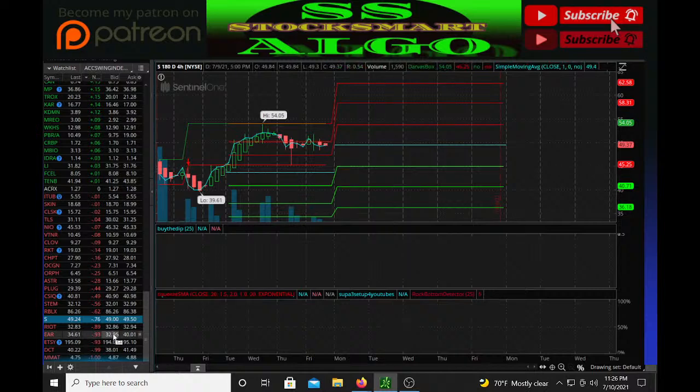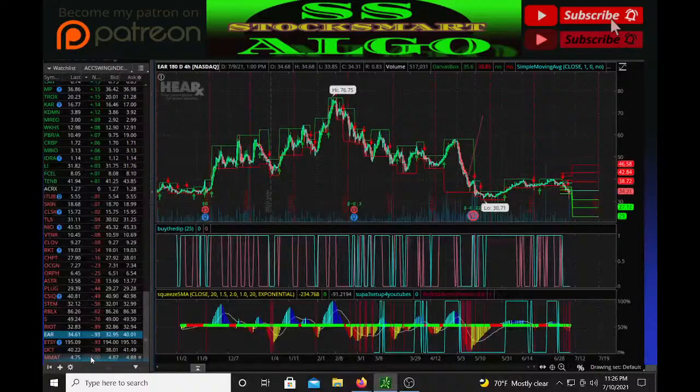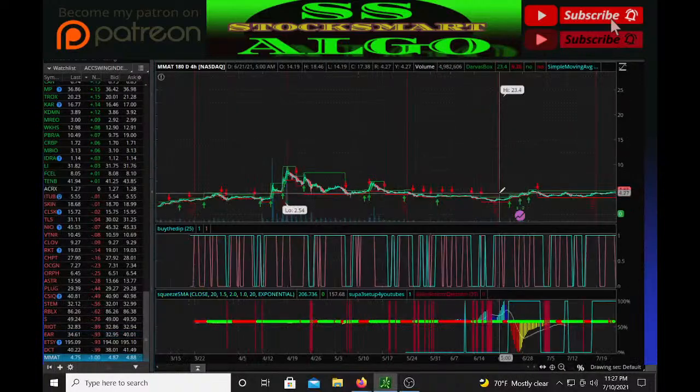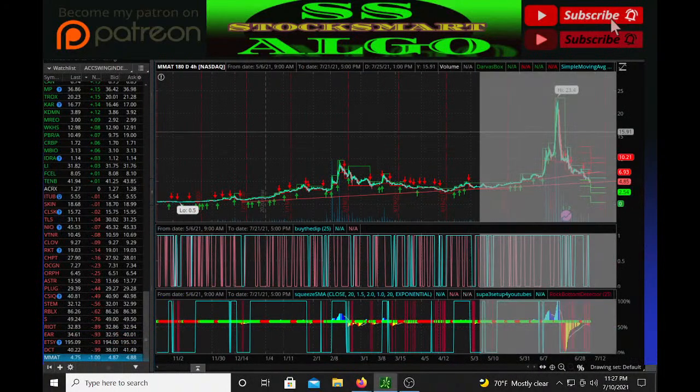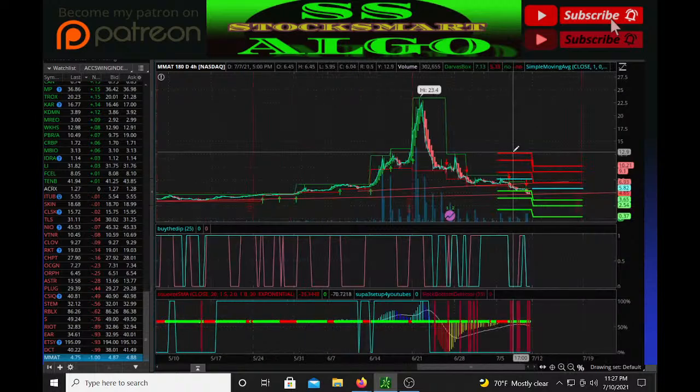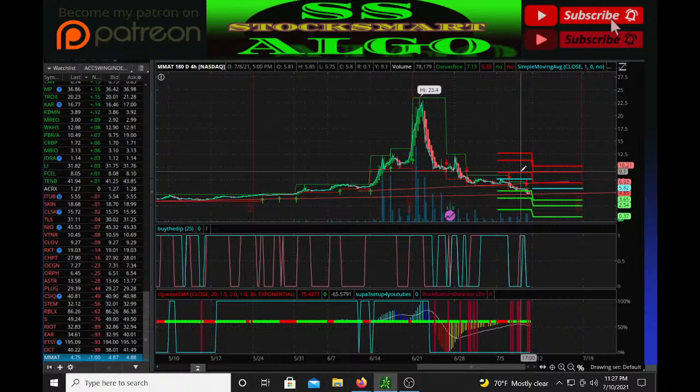Sentinel-1, okay? Looks like Riot's here. Ear is here. Etsy's here. DCT and Memet. All right, so we get some of these levels here. Looks like this level here lines up with right around here. This level is valid. Looks like this level's valid through here. All right.